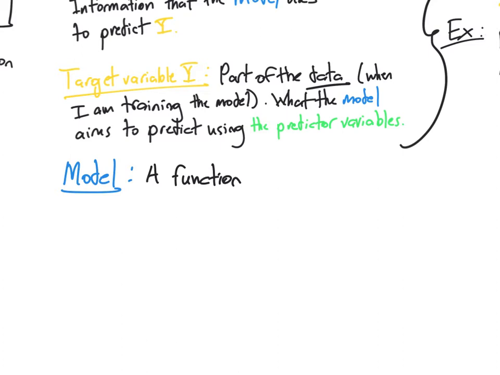So a function in the mathematical sense, I'll call it f for function, very exciting, that maps elements of the predictor variables to elements of the target variables. Okay, so this says, hey, give me some input that looks like the predictor variables. Give me a GDP, for example, and I'll spit you out an average happiness. And that's my prediction for what the average happiness is in this country.